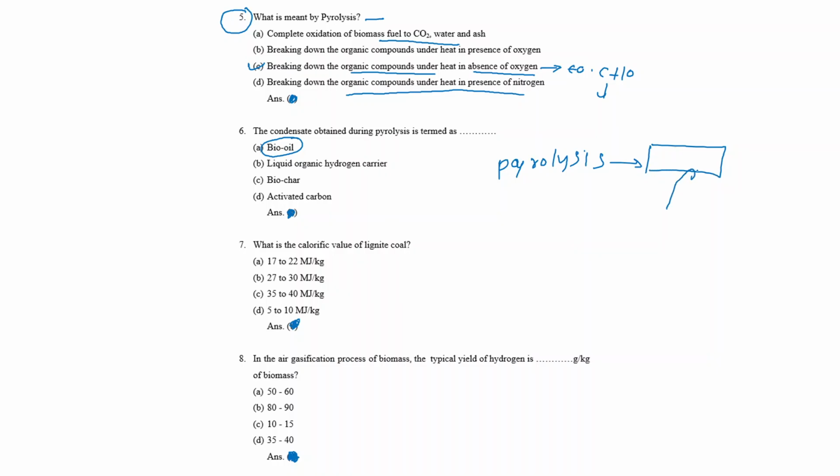If you condense it, it comes as a liquid material. This liquid is called the bio oil. And if this is heated again, it will produce the char, or carbon residue. So, bio oil. Is it clear?